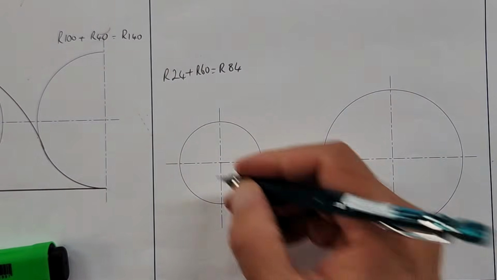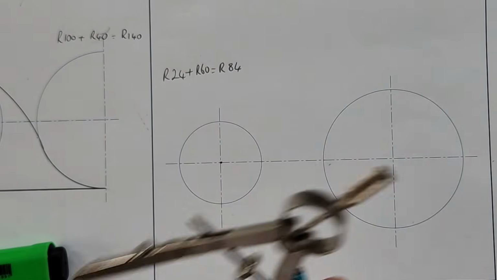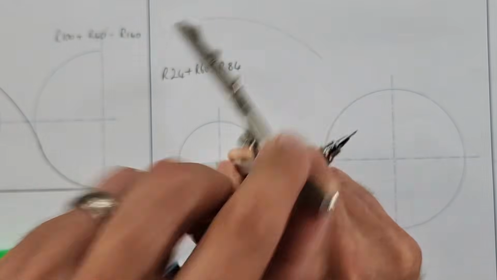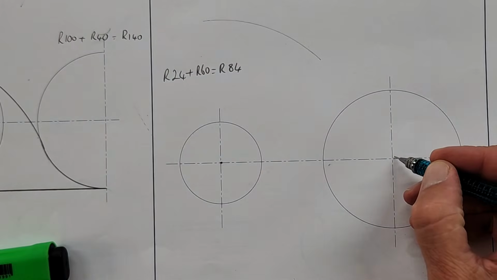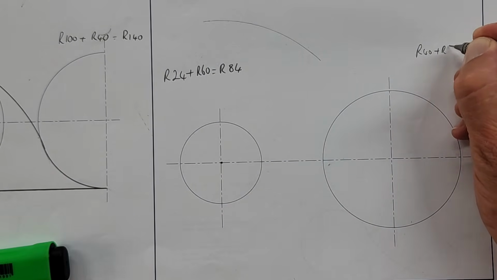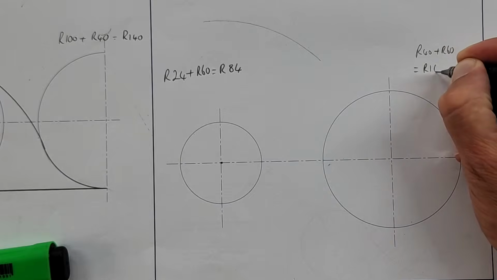And it is from the center. Okay. And then from this one, we've got a radius 40 plus the radius 60 equals radius 100.